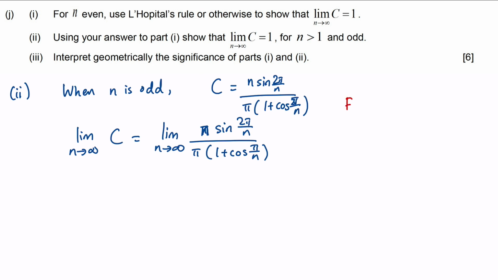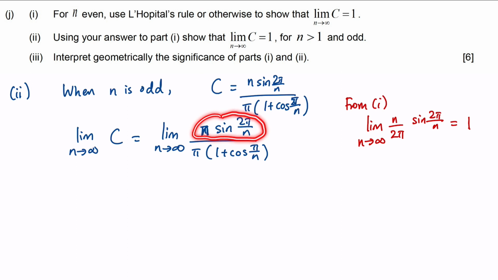From part 1, I know that the limit as n tends to infinity of n over 2 pi times sine of 2 pi over n is equal to 1. As you can see, there's an n times sine 2 pi over n. There's also a pi, but it's just lacking a 2. If only I can bring a 2 in, then I can make use of some manipulation to change my expression. And that's what I'm going to do.